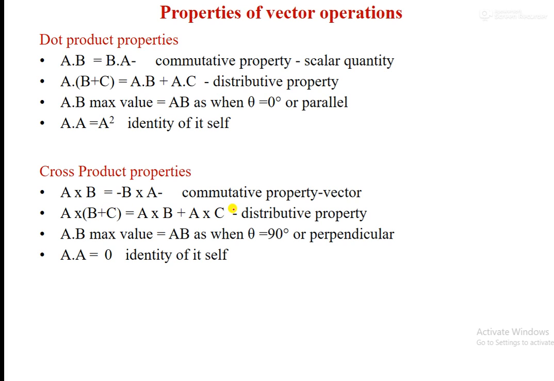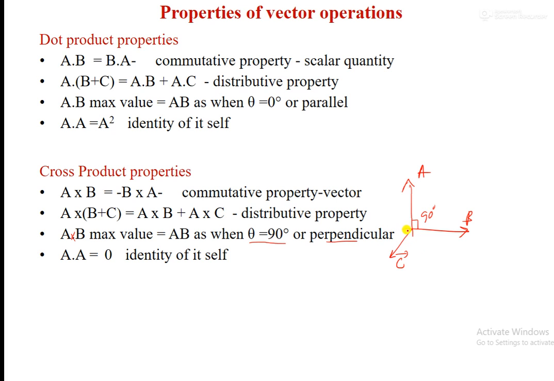These properties are helpful in solving problems. The maximum value of a cross b is ab when theta is 90 degrees, that means when the two vectors are perpendicular.